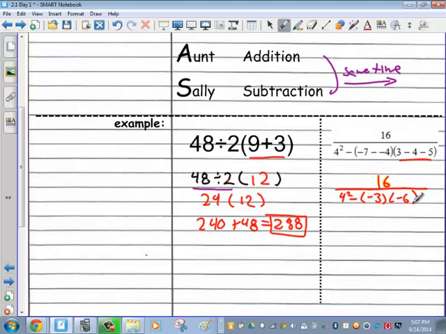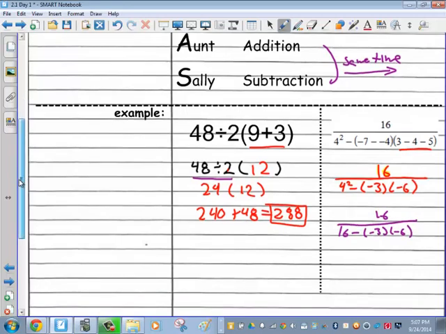Okay, now I got that done. Please, the parentheses, there's nothing left to do in them. We're just multiplying these two things. So now I'm going to do the exponents. So I got 16 still on top, and then here I got 4 squared as my exponent, so I got 16 minus -3 times -6.